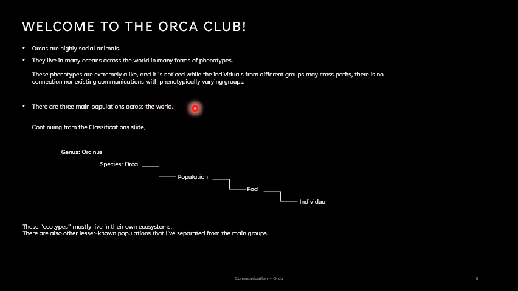There are three. We'll be talking about that in the next slide as well. But like I said, they are highly social animals, and they live in different populations, and each population has different pods. Pods are like different groups that belong to different ecotypes, and these pods have different individuals.